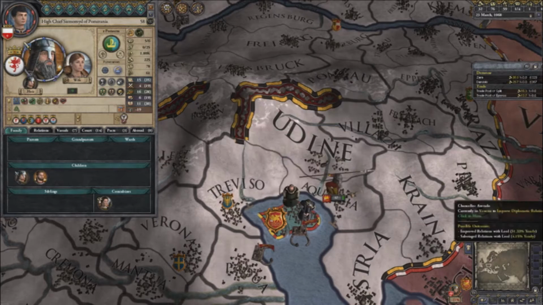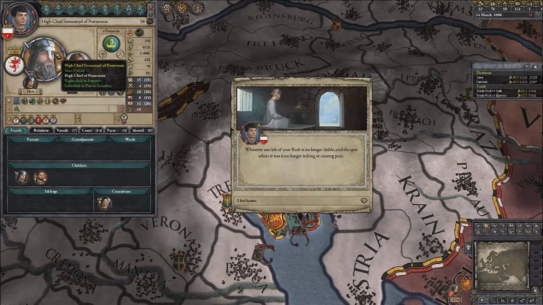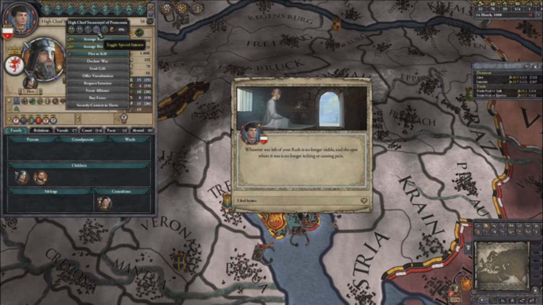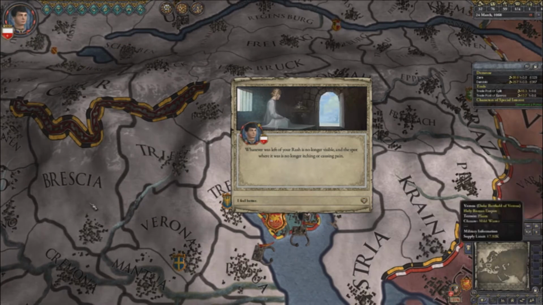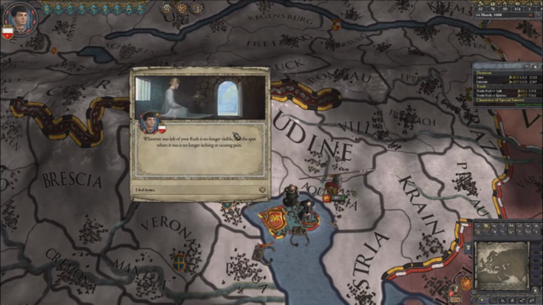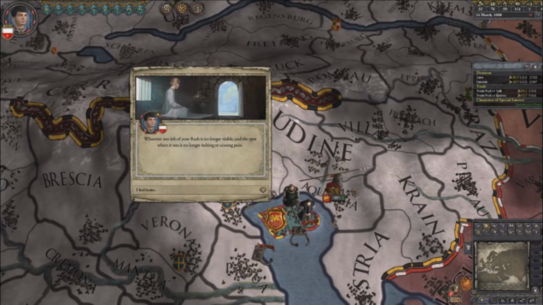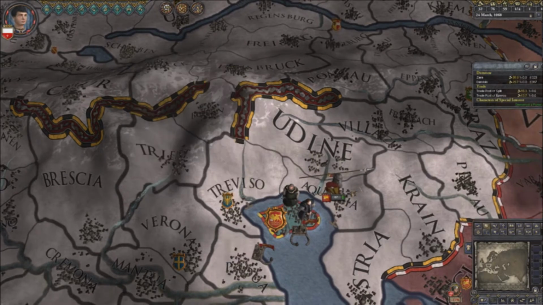I become close friends with the High Chief, so what I'm going to do is mark him as a character of special interest. We'll keep an eye on what's going on with him, just to see how things go in his area of the world. And that rash that we got earlier is gone, and we are now better.